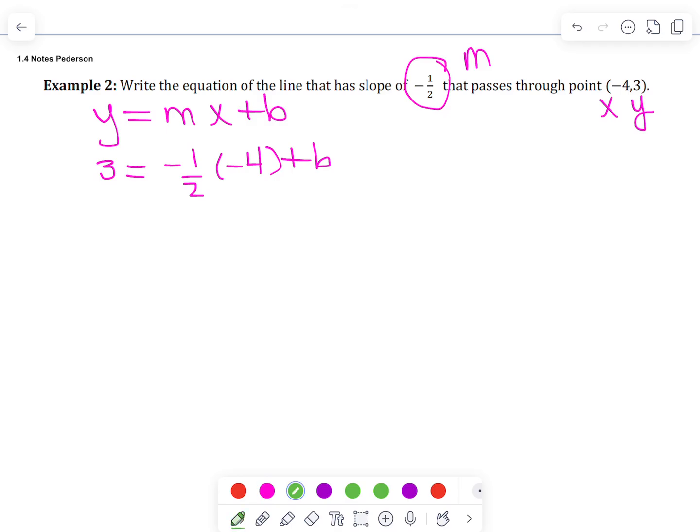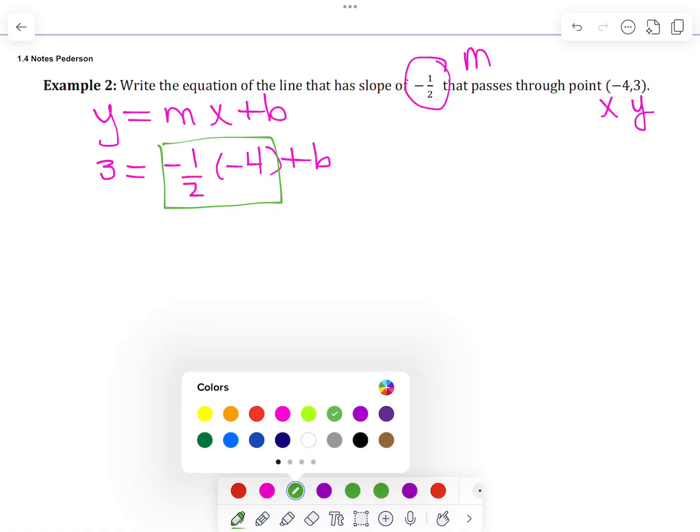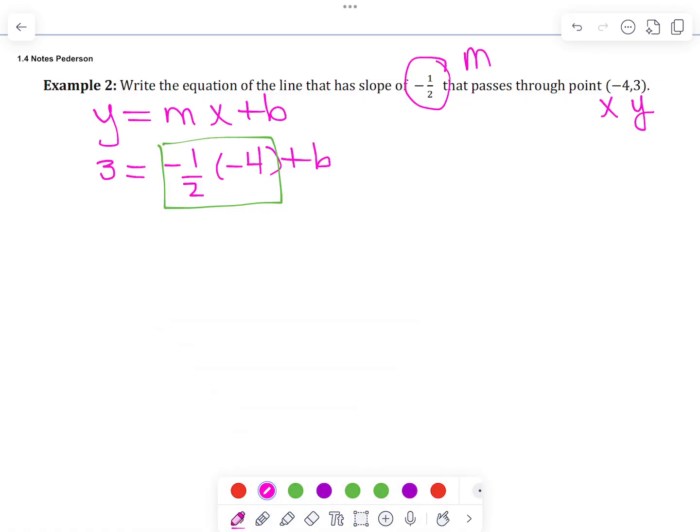So we're going to go ahead and multiply -1/2 and -4, and that is 2. And then we're going to subtract 2 from both sides, and we get 1. So the y-intercept is 1.